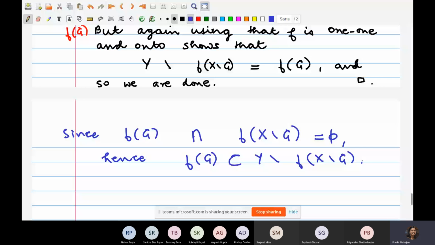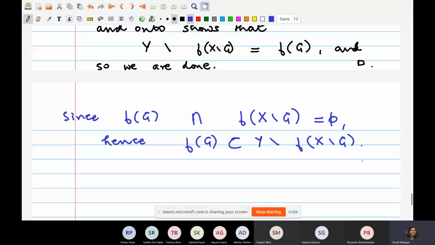Is that okay with everybody? Yes. Now, how do we show the inclusion the other way?